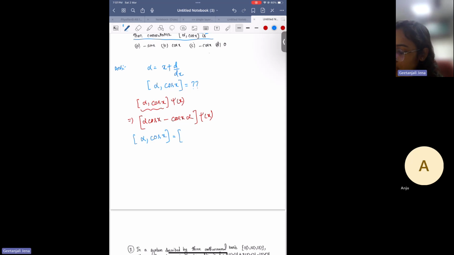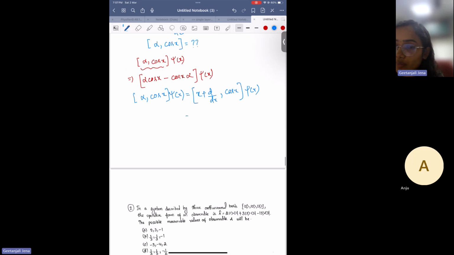The alpha cos x is nothing but x plus d by dx acting on cos x psi of x. I forgot to write the state, normalized ket.